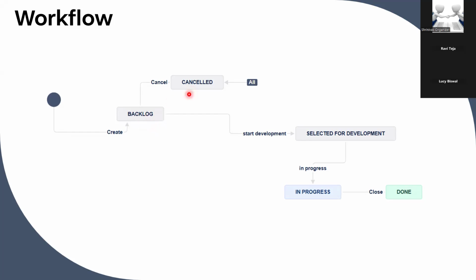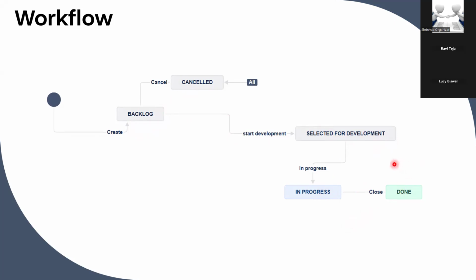Then the user will decide whether it is going to be cancelled or is not valid. If it is valid, they will start development, and it will go to selected for development status, then to in progress status, and then done. So it will close the issue.